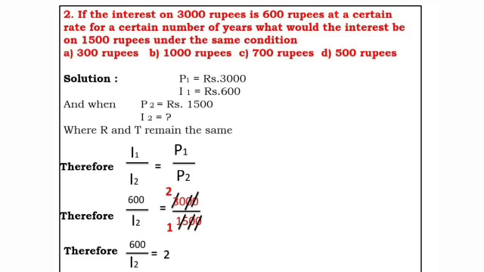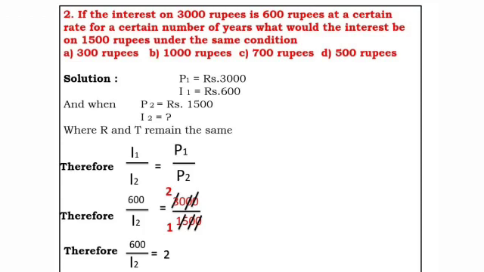So if the interest on 3000 rupees, that means on 3000 rupees, that means it is principal. So principal is equal to rupees 3000 and interest is 600 rupees, at a certain rate for a certain number of periods. So the rate and the time both are same.